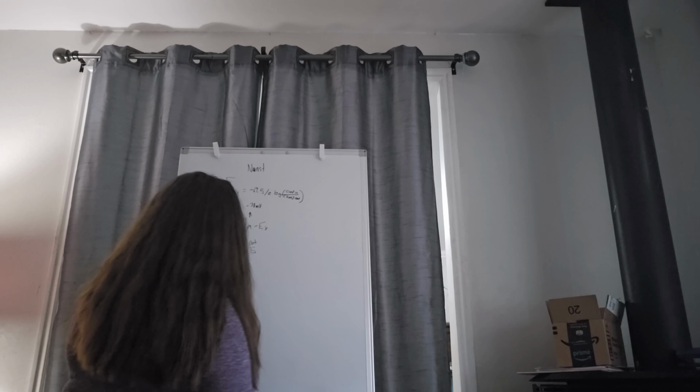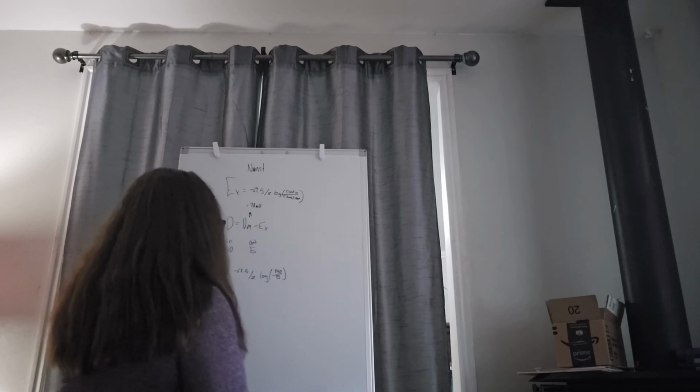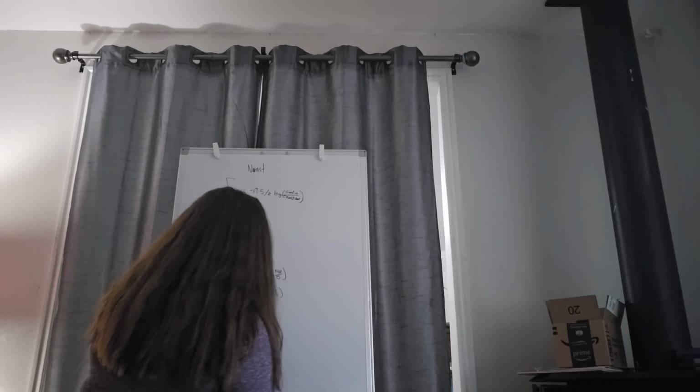If we plug that into the equation, it'd be negative 61.5 over Z with the log of 140 over 5. 140 over 5 becomes 28, times the log of negative 61.5.